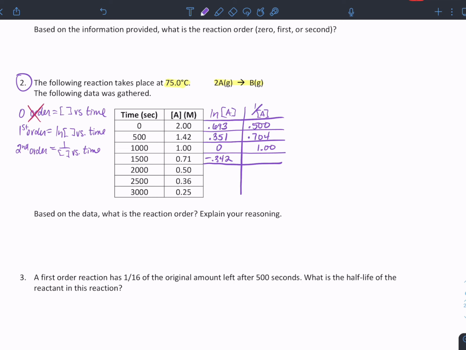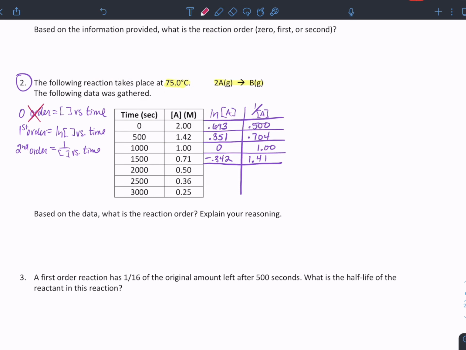And then 1 over 0.71. Whoa, 1 divided by 0.71. Helps if I put it in my calculator, right? 1.41.